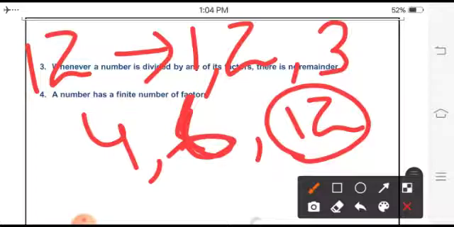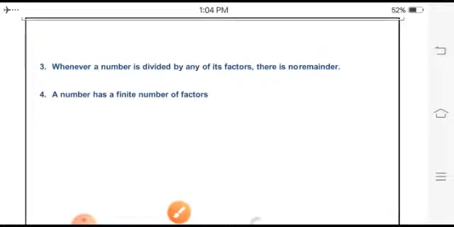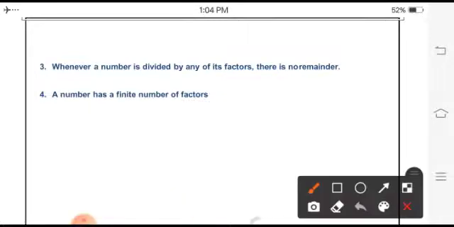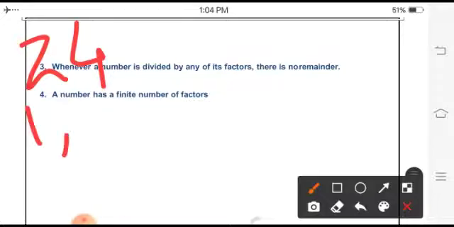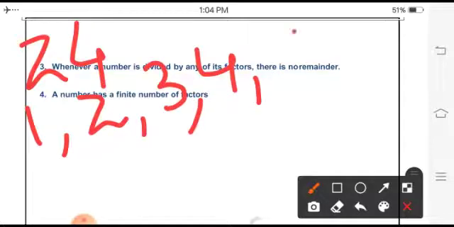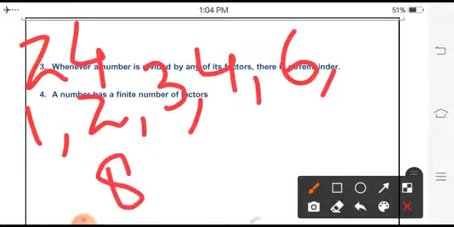The third property is that whenever we divide any number by any of its factors, the remainder is always 0. Say, for example, I have the number 24. If I find its factors, if I check in which table 24 exists, it exists in 1, 2, 3, 4, 6, 8, 12 and 24.